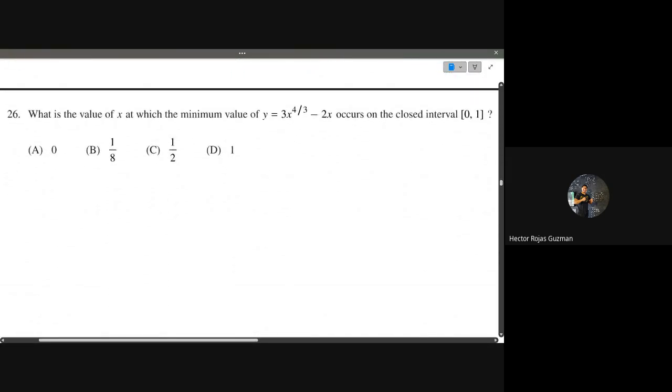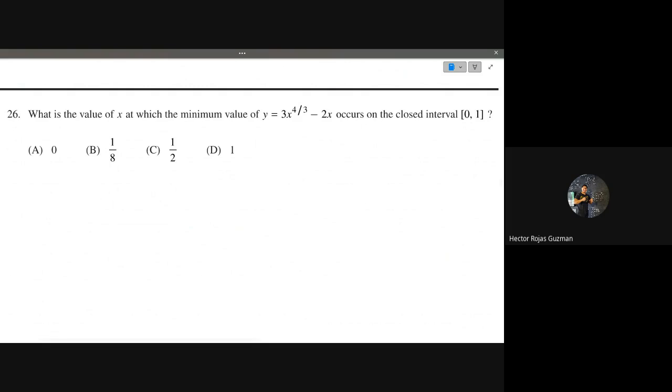What is the value of x at which the minimum value occurs on the closed interval from 0 to 1? What's the x value of the minimum? If I want to find my minimum, I have to find my derivative. So 3 times 4/3 x to the power of 1/3 minus 2. We simplify it.